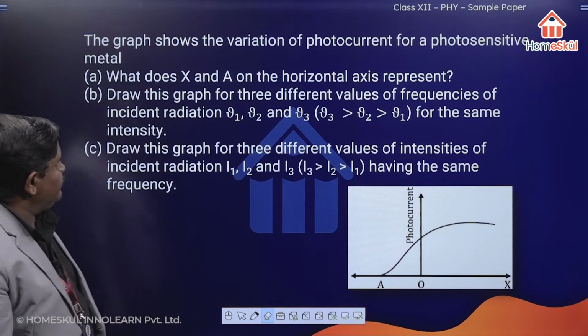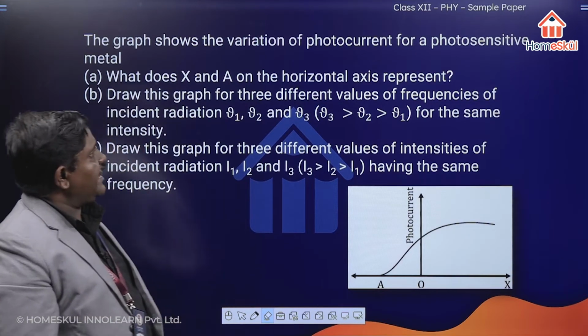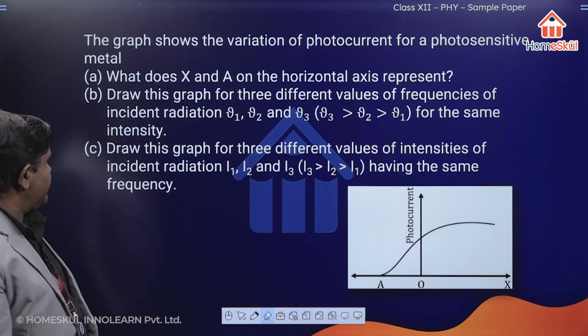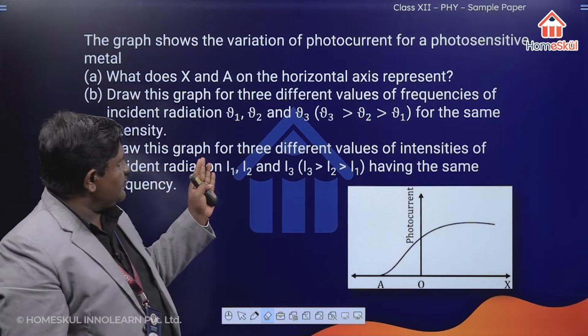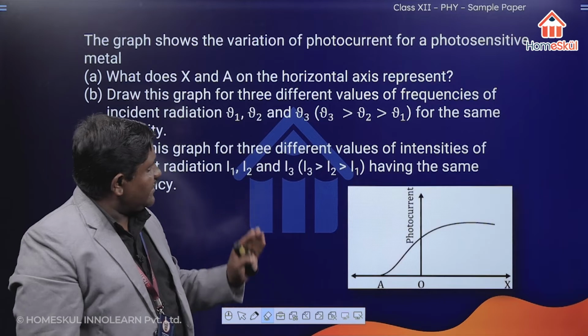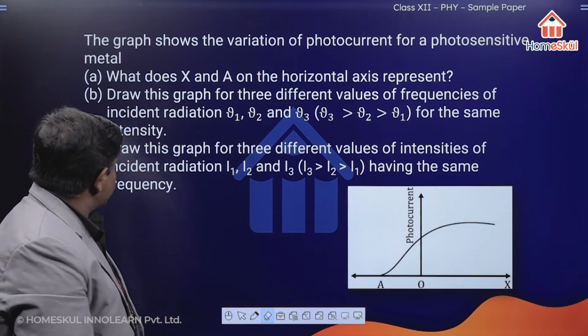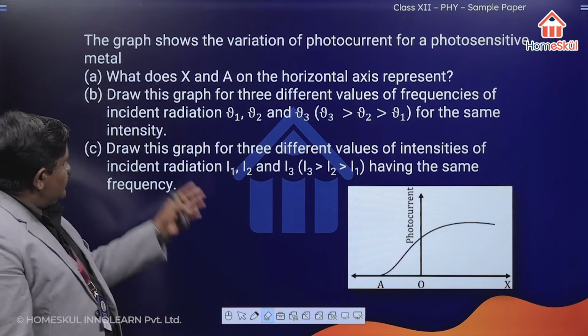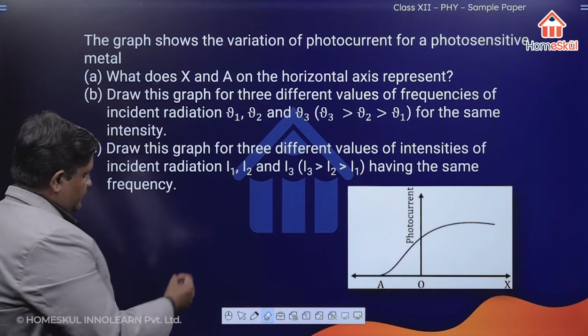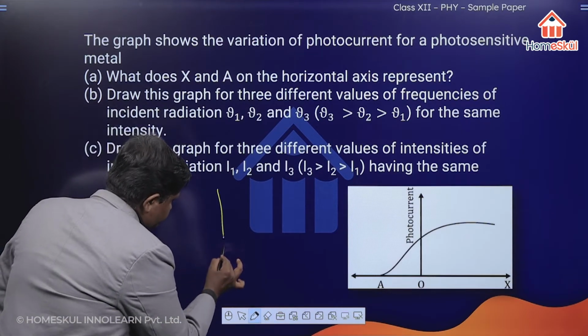Then question B. Draw this graph for 3 different values of frequencies of incident radiation, nu1, nu2 and nu3, given that nu3 is greater than nu2 greater than nu1, for the same intensity. This is the direct question, so we have to draw the graph.